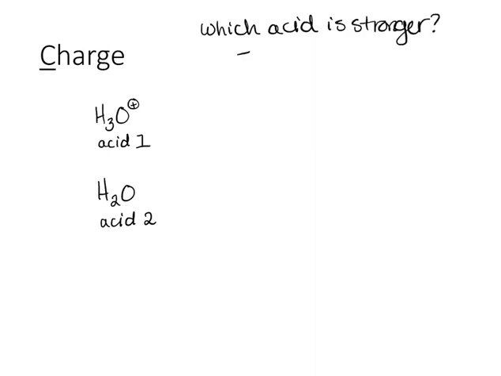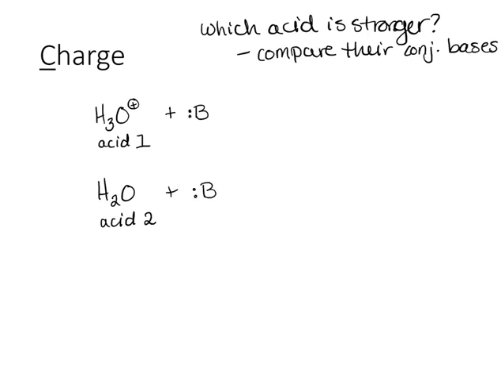So what we're going to do is compare their conjugate bases. And I'm just abbreviating conjugate there. Okay, so let's see what happens if these two acids react with the same base. So I'm just going to draw this generic base that we have been drawing. It doesn't really matter which base we're using for now.